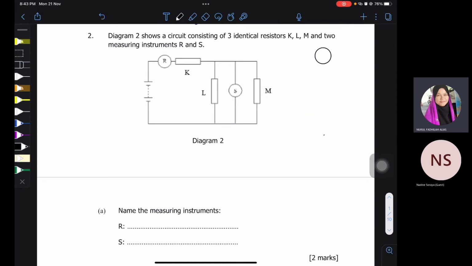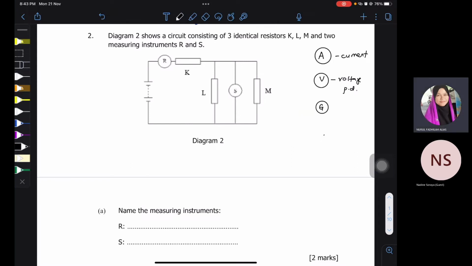Ammeter is used to measure current. And then we have voltmeter. Voltmeter is an instrument to measure voltage or potential difference. And then kita ada galvanometer, but unlikely to be used dalam topik elektrik. Sebenarnya galvanometer kita guna dalam topik electromagnetism.